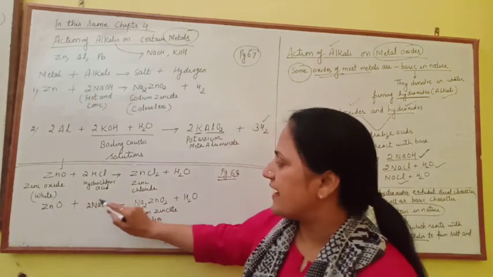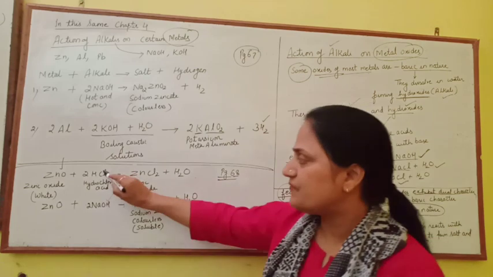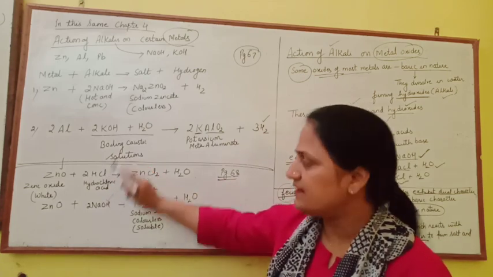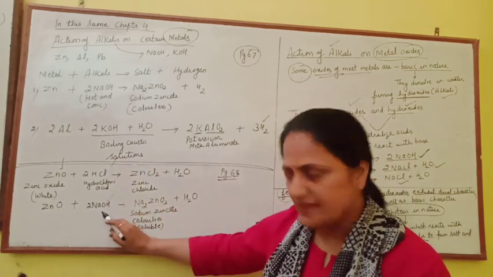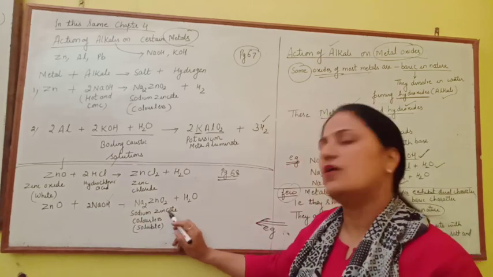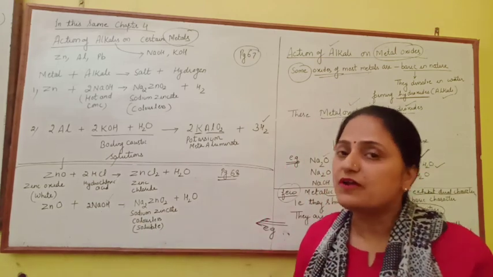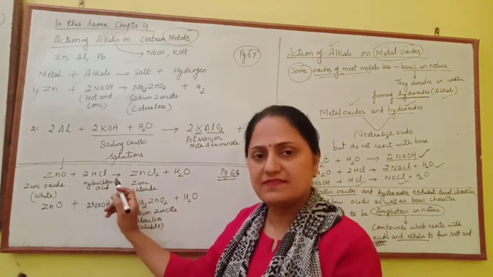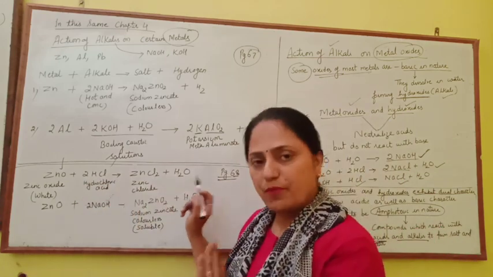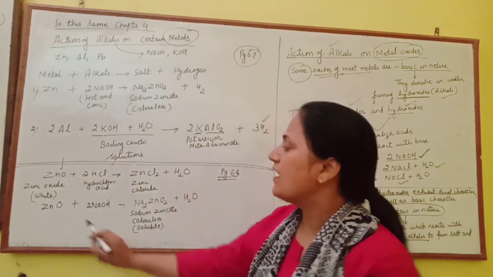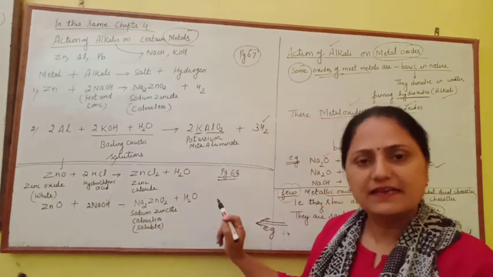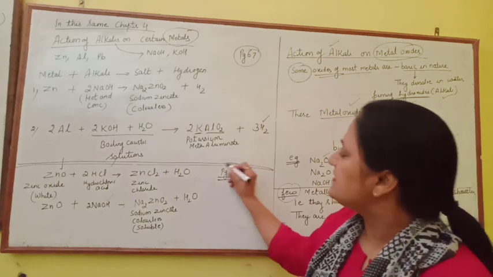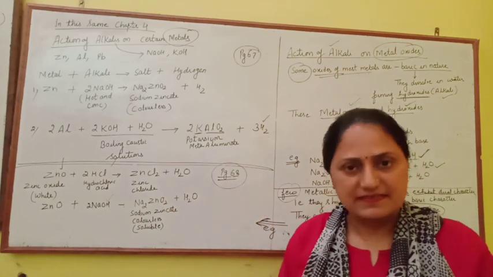The same oxide when reacted with alkali, that is, the first reaction is with the acid, the second reaction is with the base, again forms salt and water. Make sure whenever you are learning the equation, it should be properly balanced and chemically written correctly. All the symbols should be written correctly. And these equations are given on page number 68.